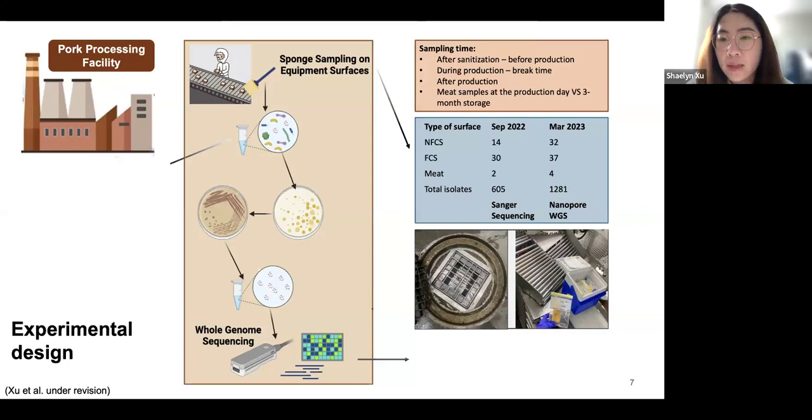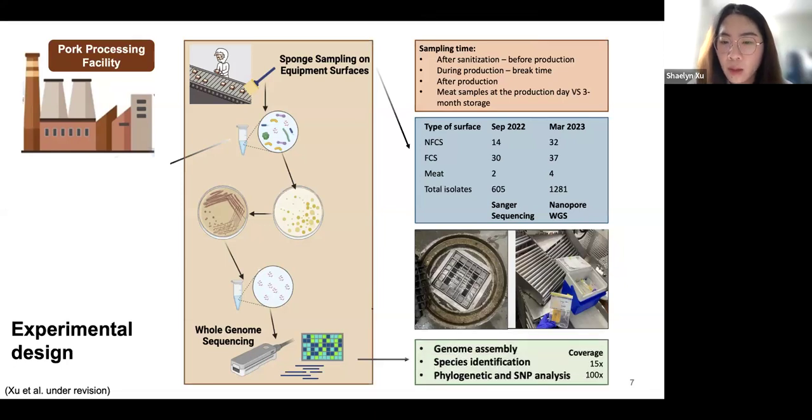After getting the mixed colonies, I do subsequent streaking to get single morphology of the microbes. From those 2,000 isolates, the clonal isolates of each sampling site were excluded by rapid PCR. After that, roughly 1,000 isolates were sequenced by the nanopore whole genome sequencing platform.